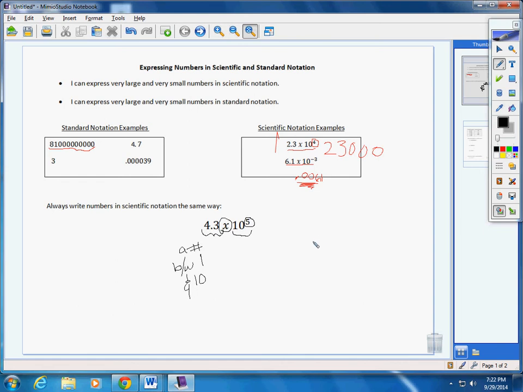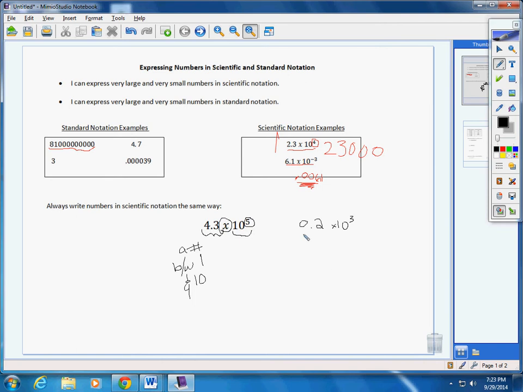Just for quick reference, if you see a number that looks like this, 0.2 times 10 cubed, someone might be trying to trick you because they might say, hey, that's an answer and it's written in scientific notation. You should say, wait a minute, that's not proper scientific notation.